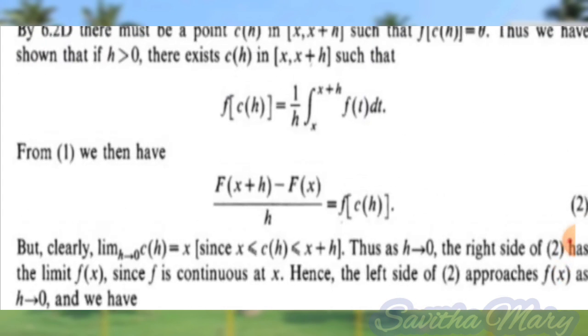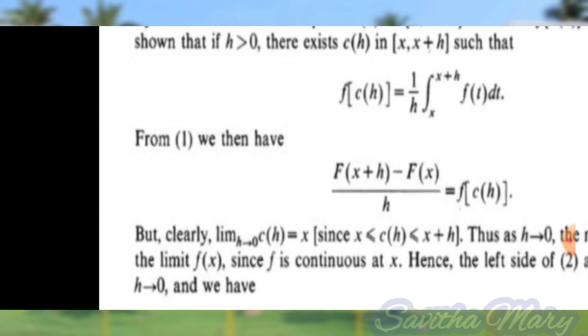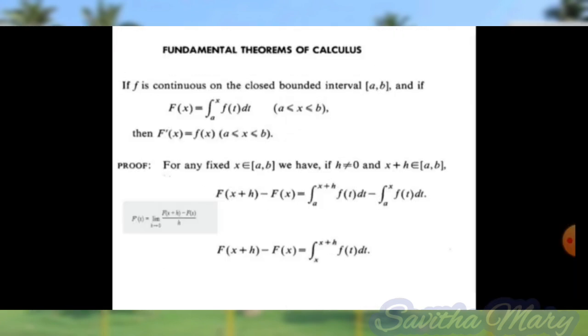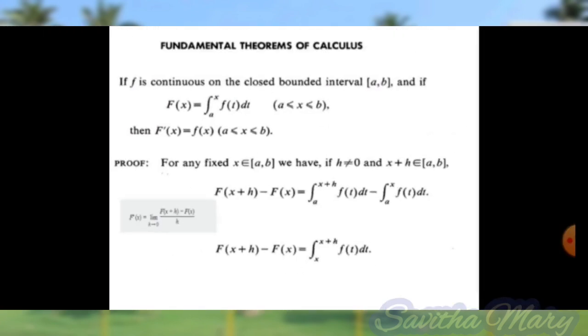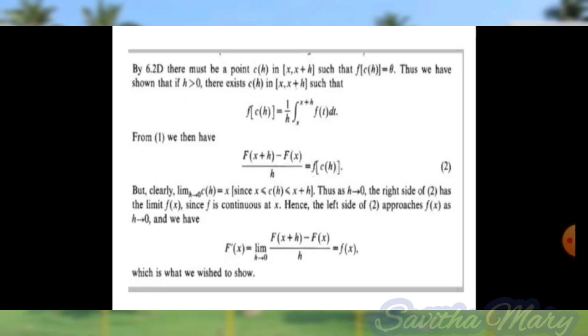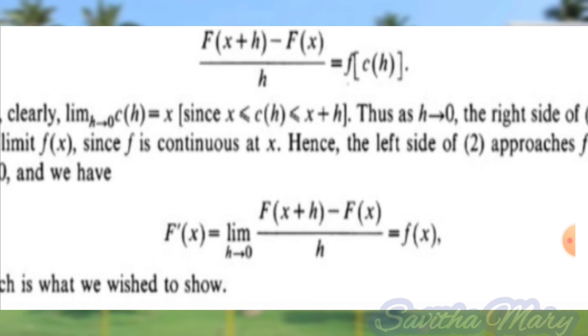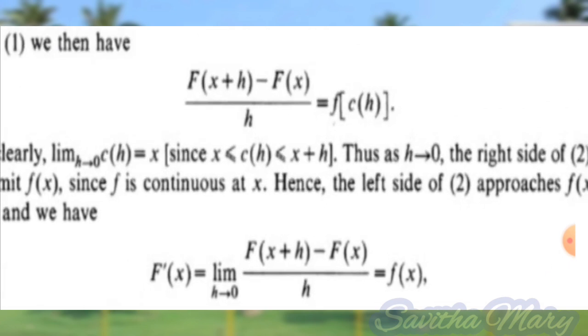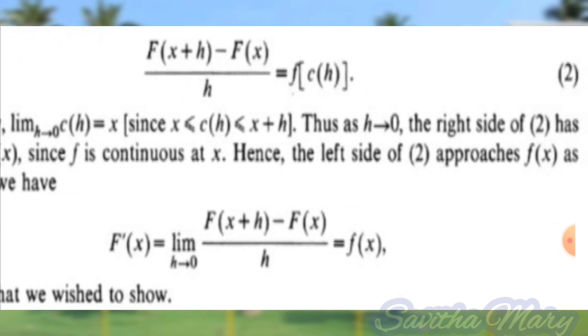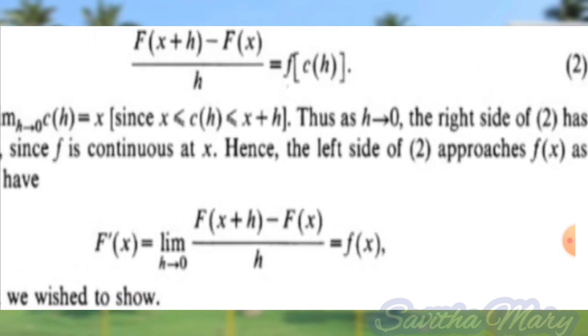Then F(x+h) minus F(x), divided by h, is equal to f of c of h, because the right hand side integral in this equation takes the value f of c of h. Now taking the limit h tends to 0 on both sides, the left hand side becomes the derivative F'(x). On the right hand side, the limit h tends to 0 of f of c of h approaches f of x, because c of h approaches x.